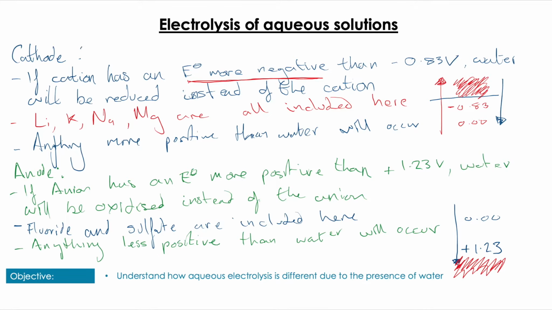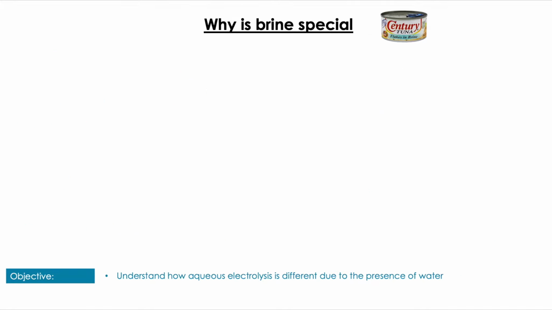So you can think about your overall table as excluding anything above and below those two values for the reduction and oxidation of water. Now, there are some exceptions to this rule, and we're going to look at brine to try and illustrate this. Now brine is NaCl.